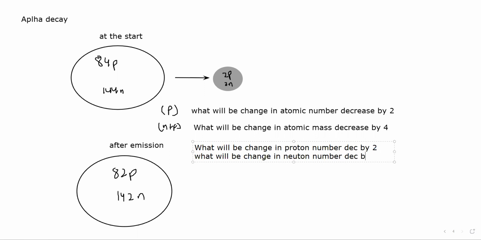So if we write a nuclear equation, this is what happens in an alpha decay.